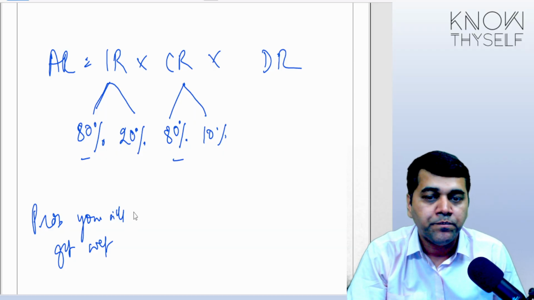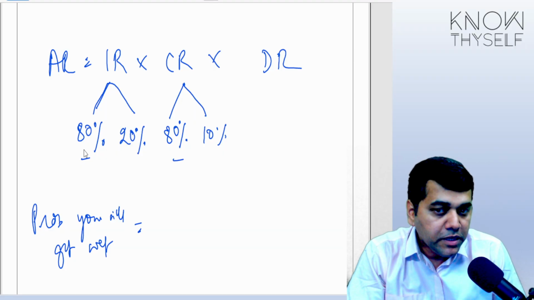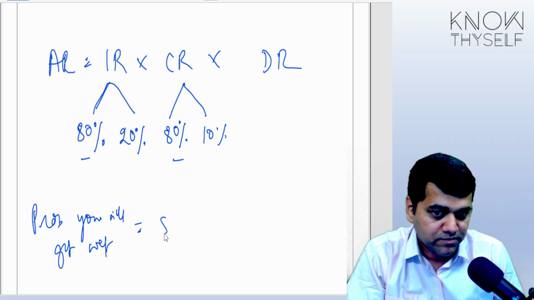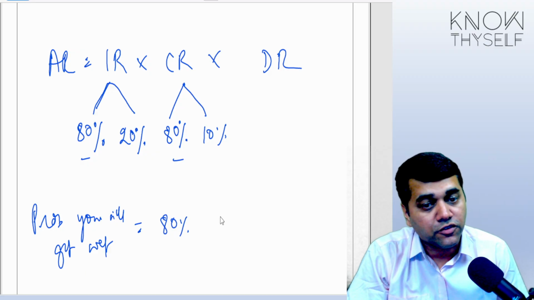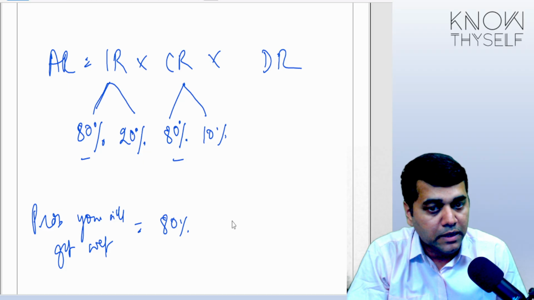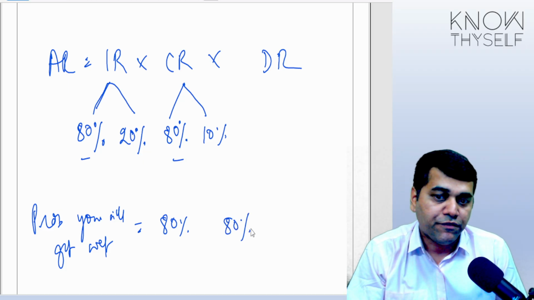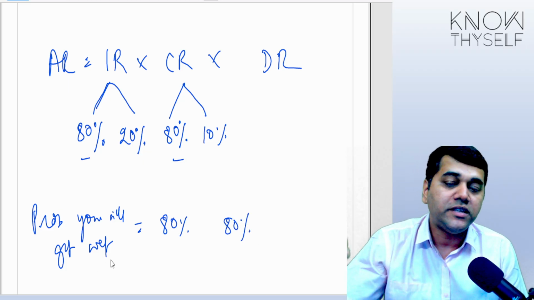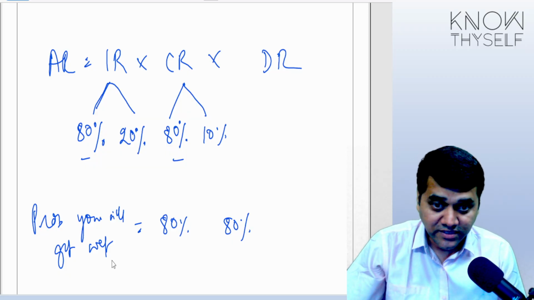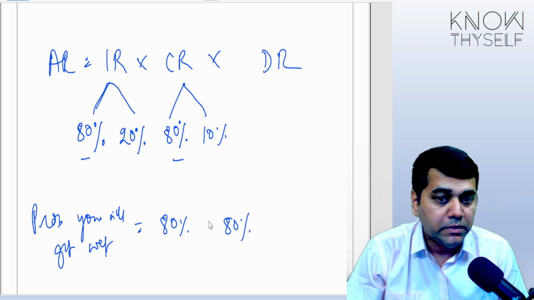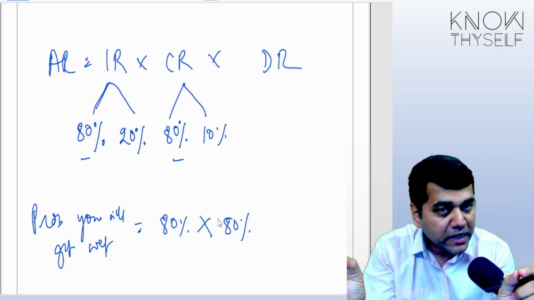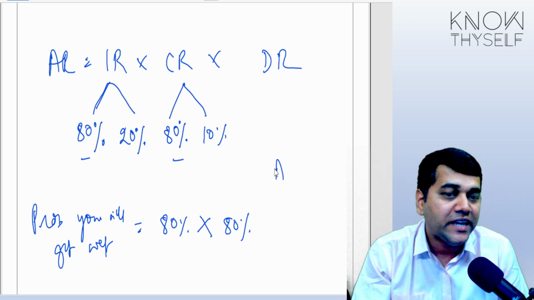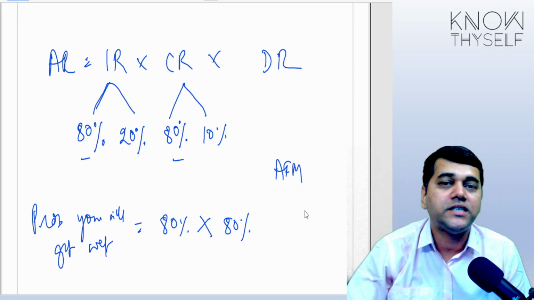When the probability of raining is 80% and your chance of taking an umbrella is 80%, if I want to find out the probability that you will get wet, he said the combined probability is found by multiplication and not addition, because we are multiplying two probabilities. This is what you find in AFM, in the capital budgeting chapter.